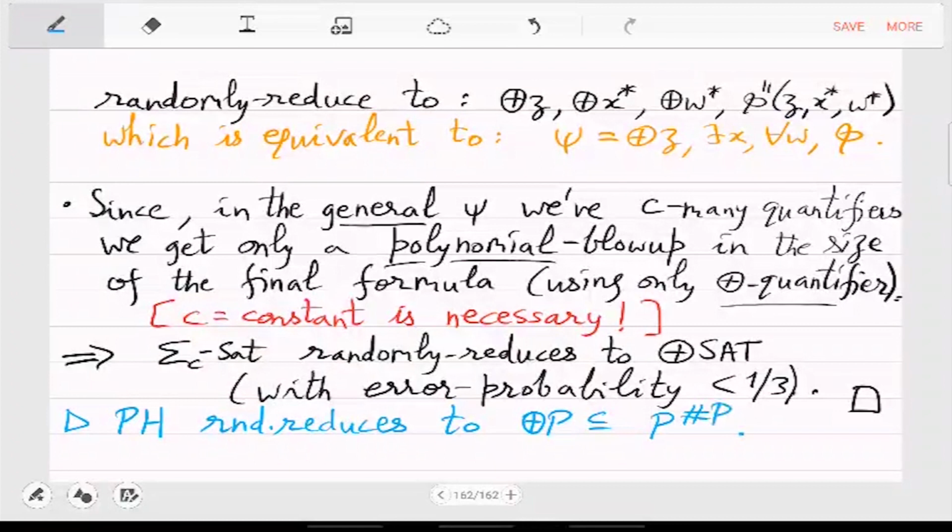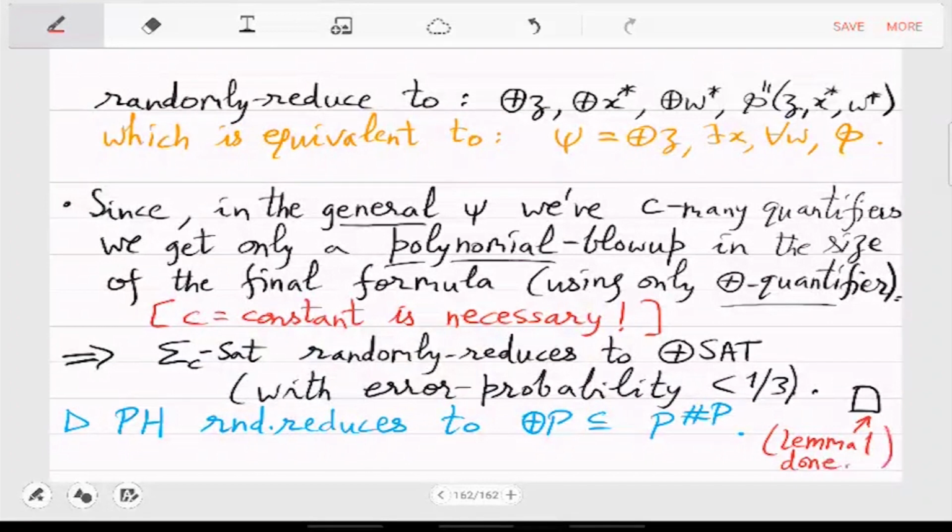So this is great, but what was our main theorem? So lemma 1 has been proved. Lemma 1 was this both-sided error reduction of PH to parity sat. So lemma 1 is done here. But is this enough for our bigger picture?